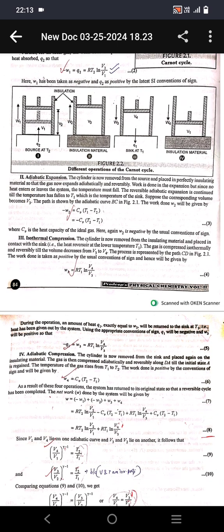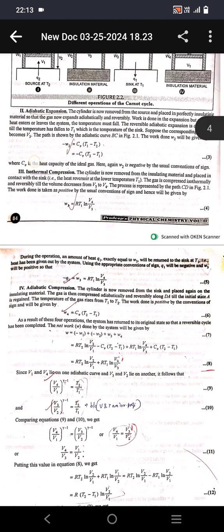Third point is isothermal compression. The cylinder is now removed from the insulating material and placed in contact with the sink. The gas is compressed isothermally and reversibly till the volume decreases from V3 to V4. The process is represented by the path CD. The work done is taken as positive by the usual convention of sign and hence will be given by the expression.